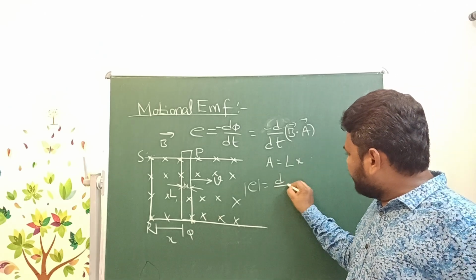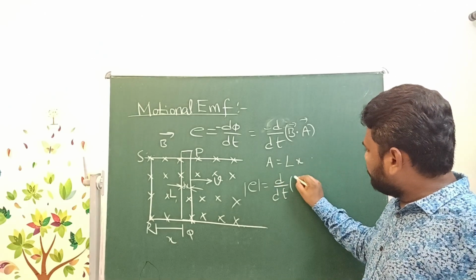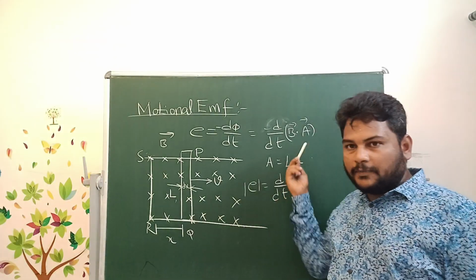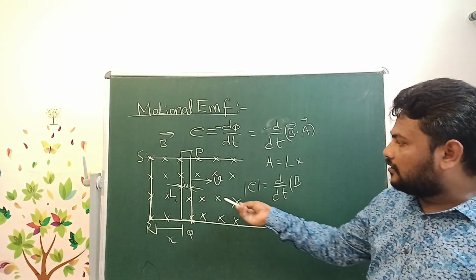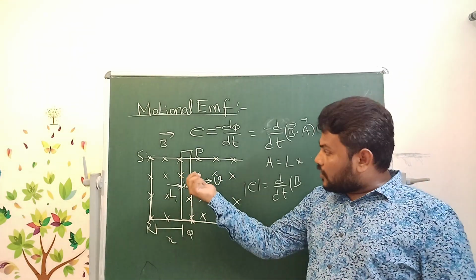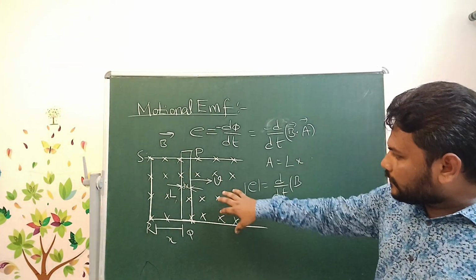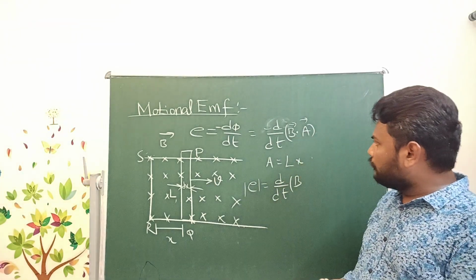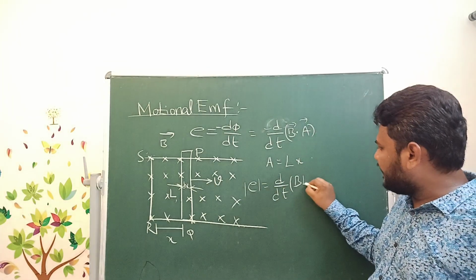So d by dt of B dot A. The dot product of B and A will be maximum since B and A are in the same direction. The area vector is acting along the direction of the magnetic field. So as the angle between these two is 0, we get BA only. A is Lx.